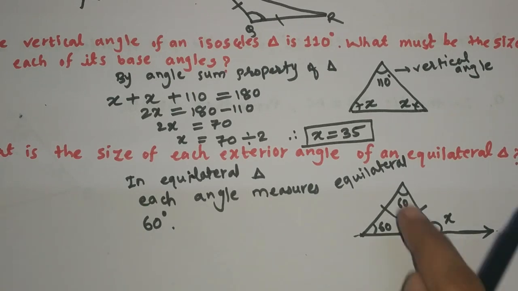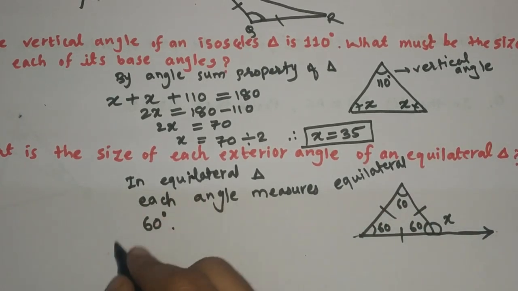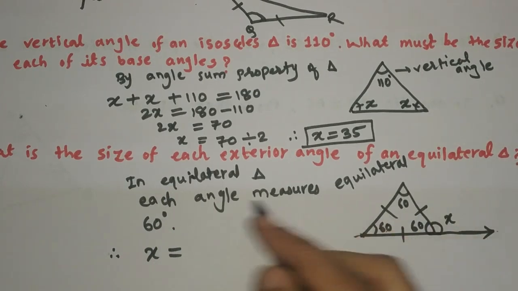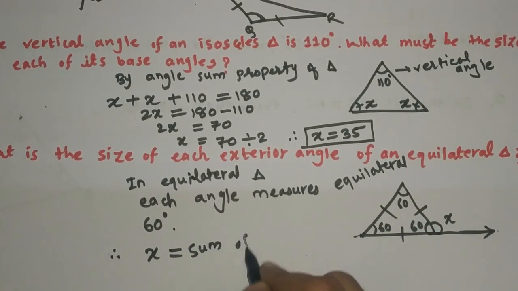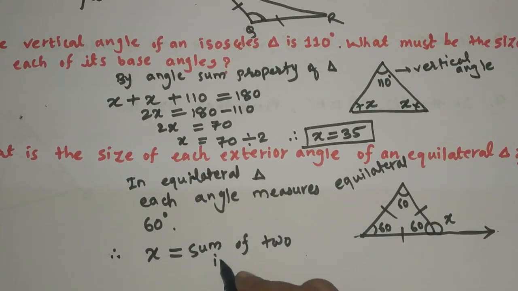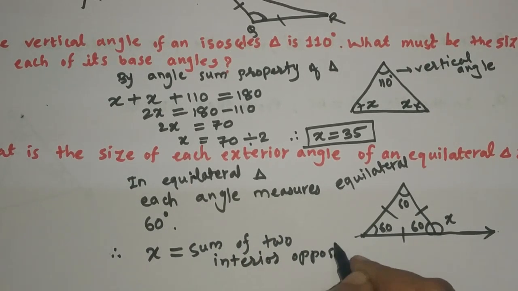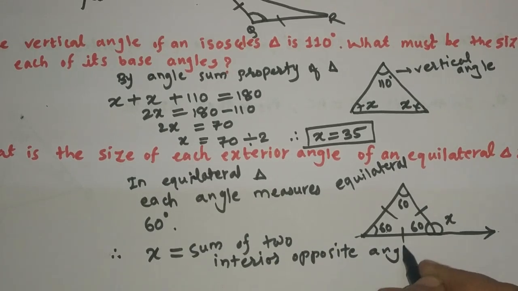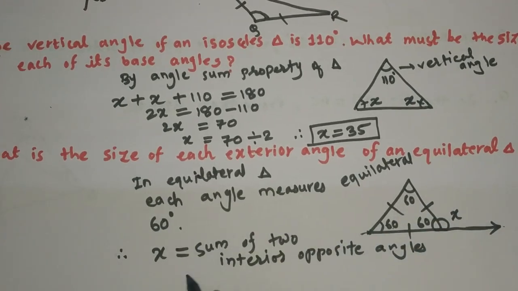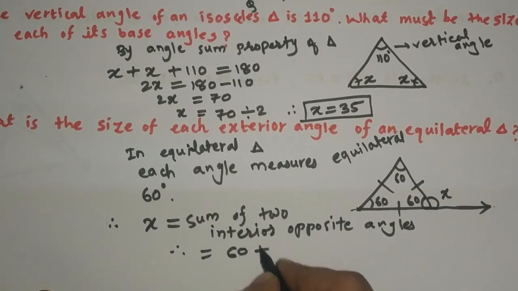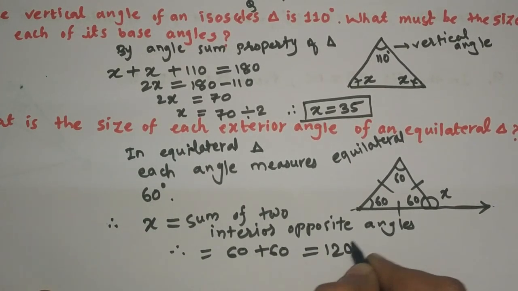It is going to be the sum of the two interior opposite angles. So x is equal to 60 plus 60, which is equal to 120 degrees.